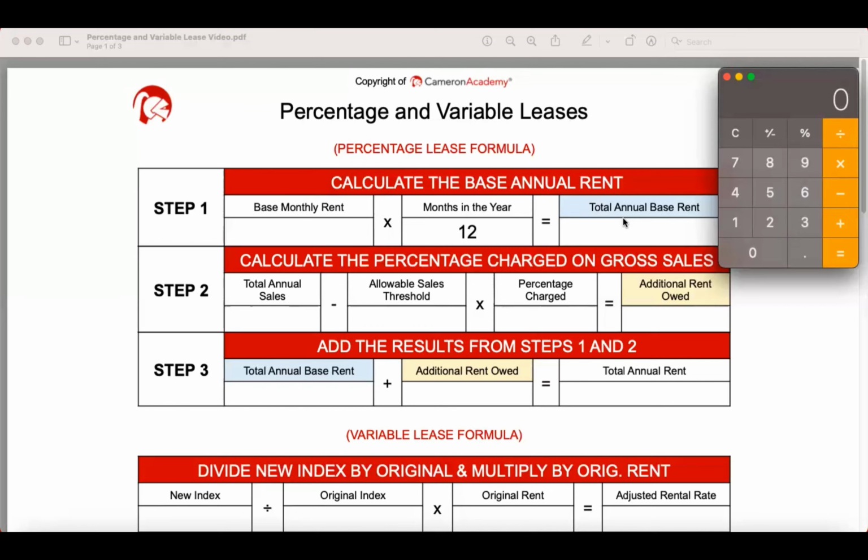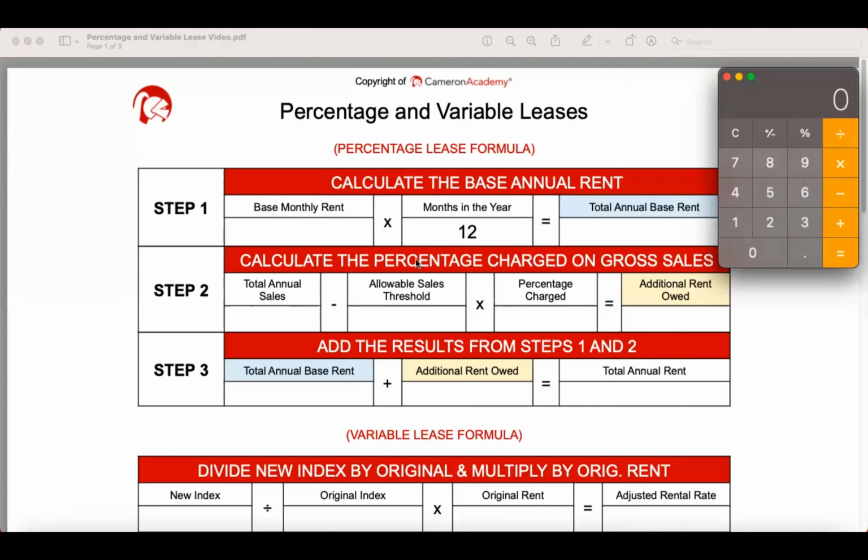They're going to ask you to provide your sales for that month, and that would be an increase onto your rent for that month. However, let's stick to how you're going to be tested and go through this step by step. So you'll notice that you take your base rent, whatever it is for the month, they'll tell you within the question, and you simply multiply it by 12 to get your annual base rent.